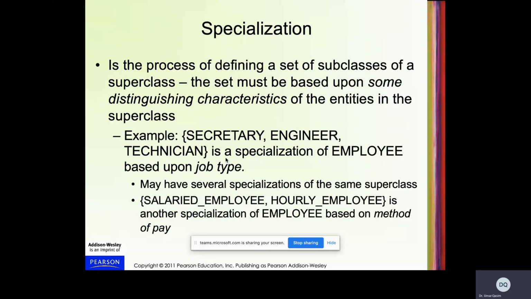So we are looking at this superclass, subclass relationship as a specialization. We have an employee, then it has a specialization based on the job type. It has another specialization on the basis of method of pay, whether a salaried employee or hourly employee, so this becomes another specialization.